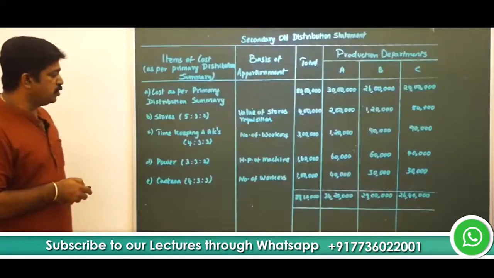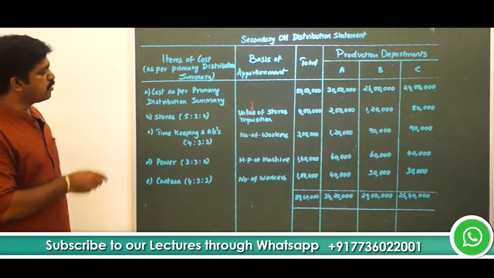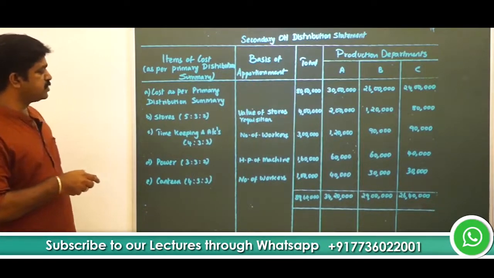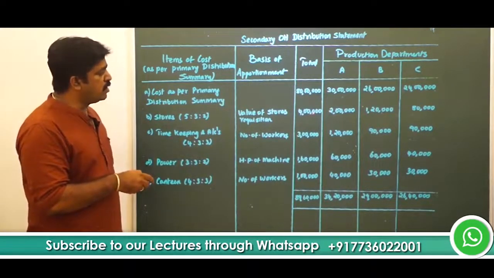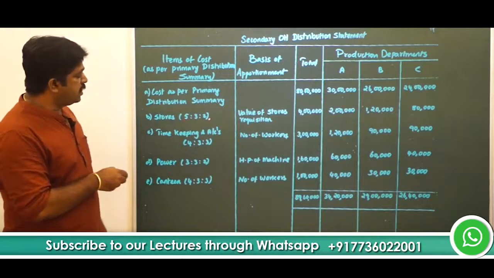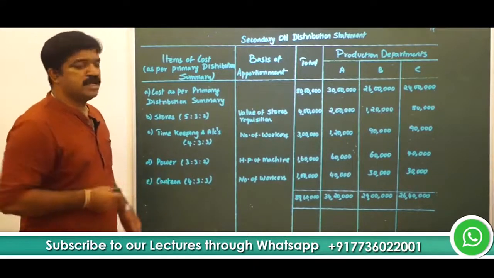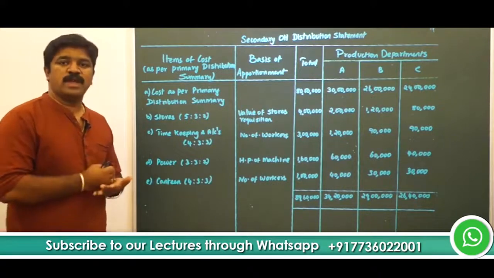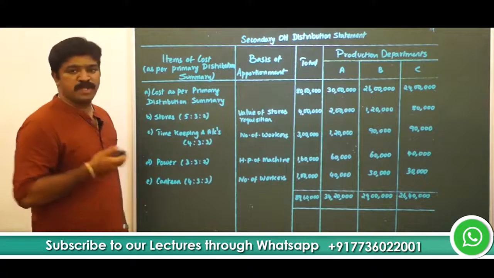So look here, stores expense will be apportioned in the ratio 5:3:2. The basis of apportionment is value of stores requisition, and what is the amount? 4 lakhs, right? So in the total column we will write 4 lakh. 4 lakh is for 10. What is for 5, 3, 2? You get 2 lakhs, 1,20,000 and 80,000. How did I get that? 4 lakh divided by 10 multiplied by 5, 3 and 2.